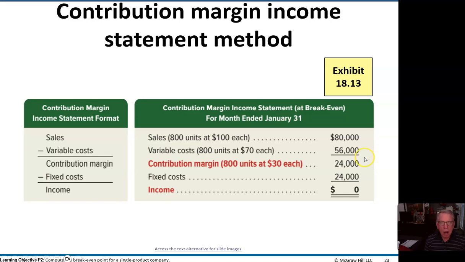Our variable costs were $70 per unit, and 800 units would mean we had $56,000 of variable costs. For our contribution margin, we could just subtract 56,000 from 80,000, or take 800 units times $30 of contribution margin per unit. That gives me $24,000. Our fixed costs were $24,000, which results in zero income because we are at break even.